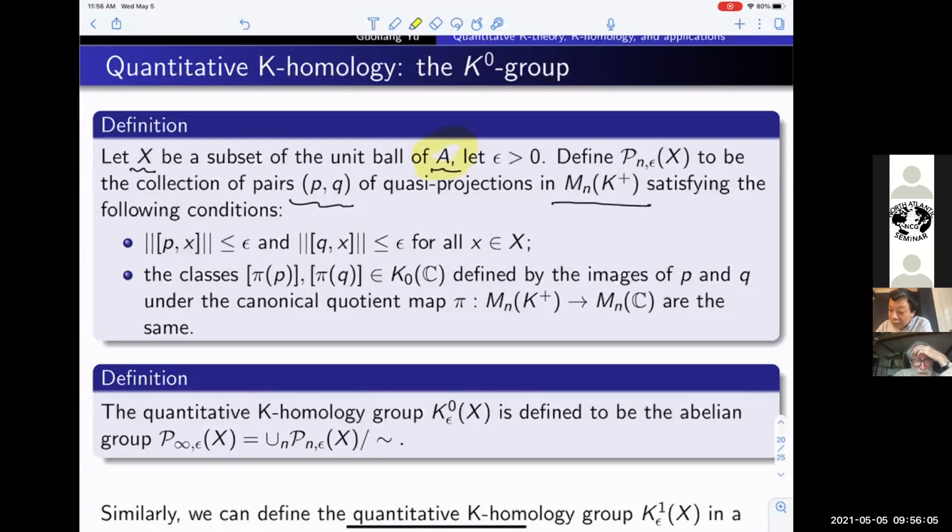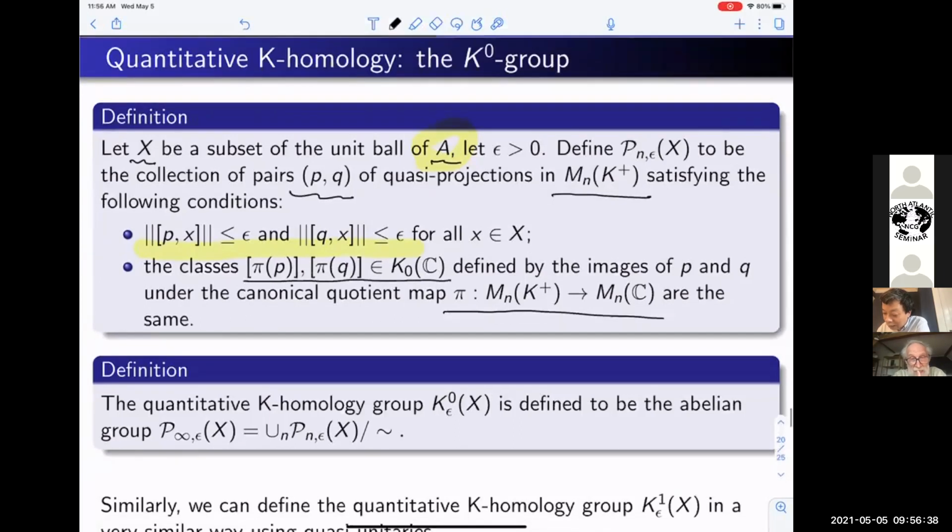The key condition is that we want them to almost commute. Is that related to the Paschke dual? Oh yes, very much so. I will explain the motivation. Yes, you're right, Alan, it's very much related to Paschke duality. And of course, after taking the homomorphism to C, we want this pair to be the same. That's the only thing.